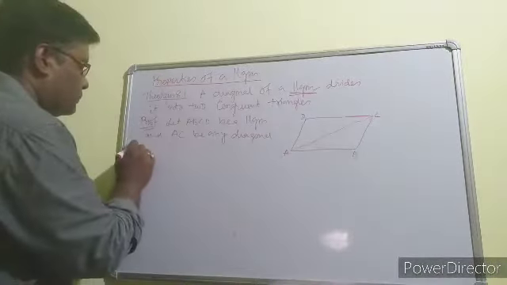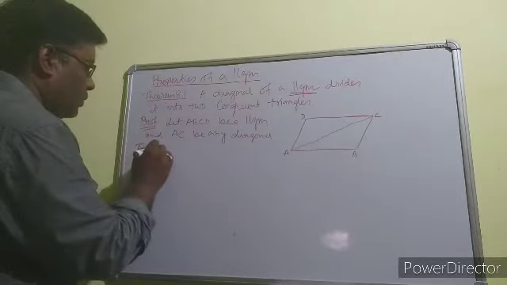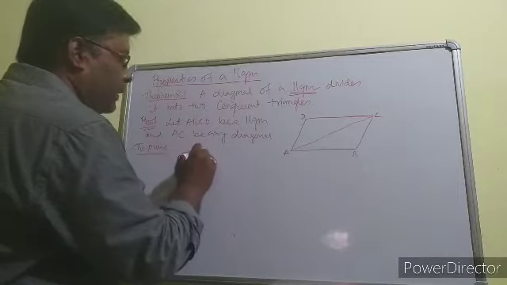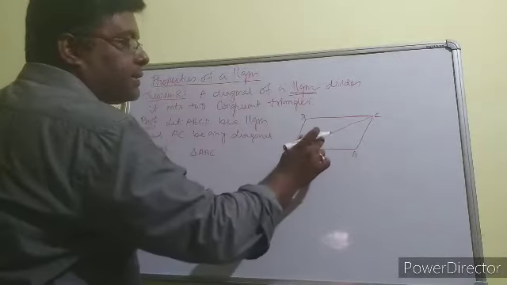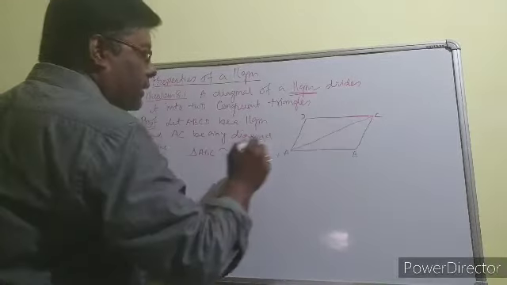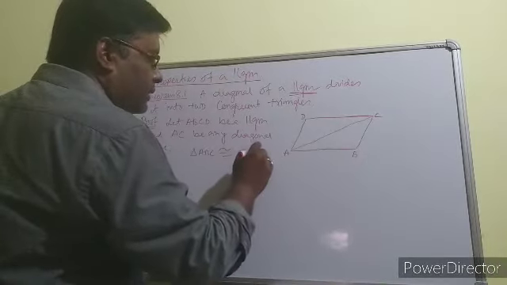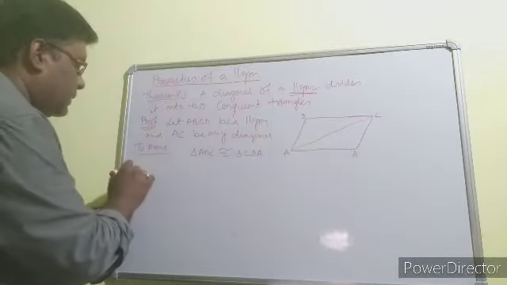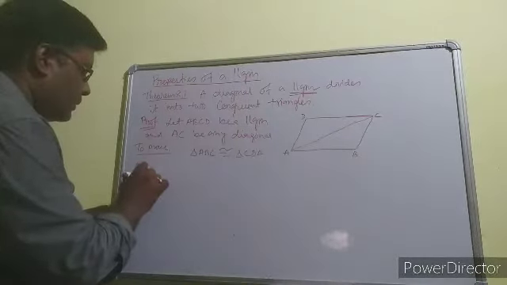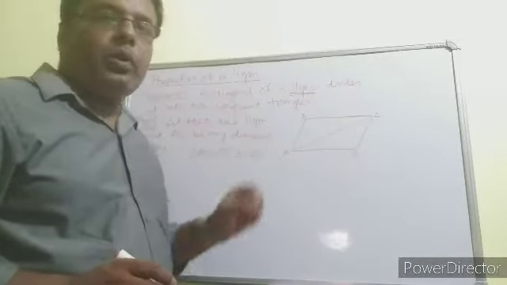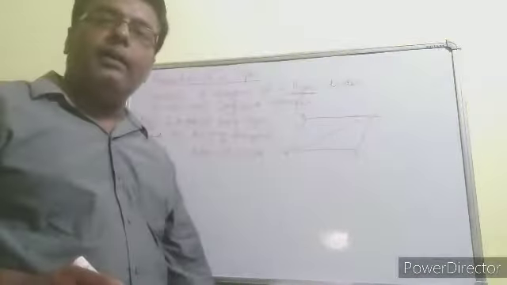To prove: triangle ABC, that is this triangle, is congruent with triangle CDA. The proof part is very easy. Since it is a parallelogram, opposite sides are parallel.